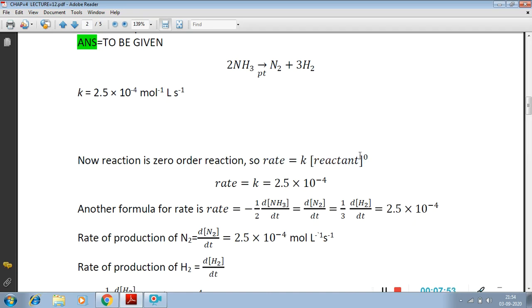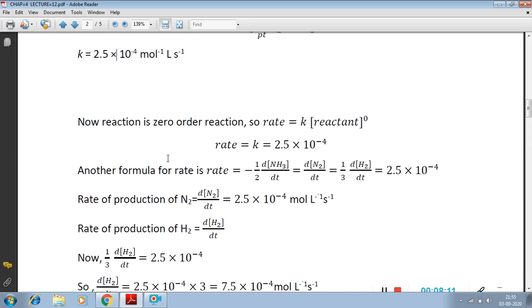Why 0? Because our reaction is zero order reaction, that's why 0 is written here. So we can say that rate is equal to K because reactants raised to 0 means 1. So rate is equal to K is equal to 2.5 into 10 raised to minus 4, that is given to us.